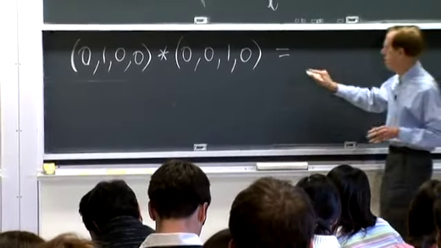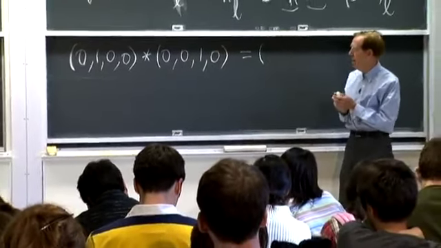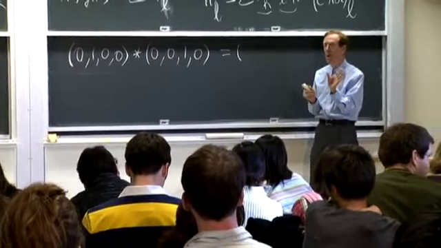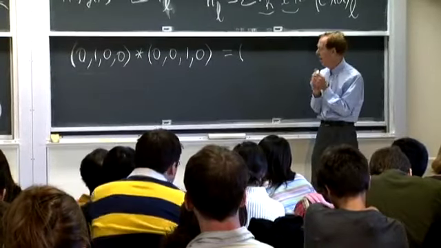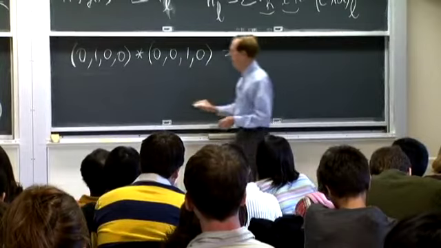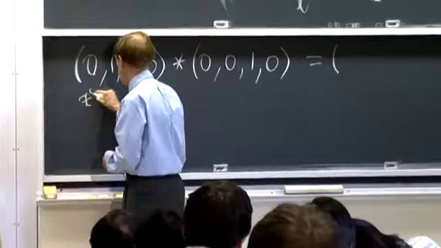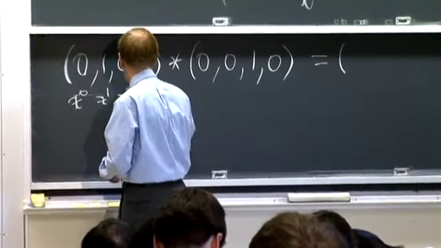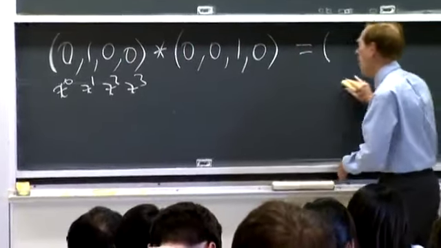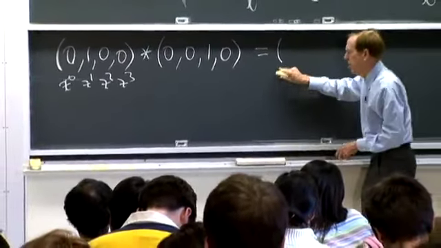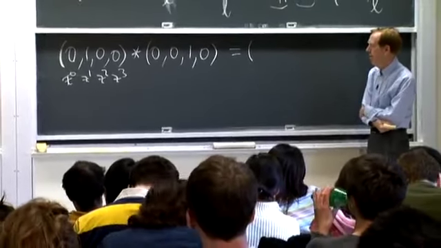How many components am I going to have in the ordinary convolution of those two guys of length 4? I think it'll be 7, because we'll have here z to the 0, z to the 1, z squared, and z cubed. And here we'll have, again, the same. It'll go up to z to the 6, but remember there's a z to the 0, so that's why we have 7.